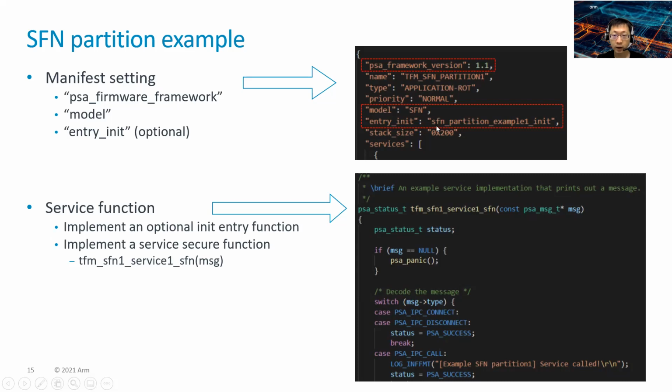These attributes can be optional. Then create secure functions. The input argument of the secure function must be a PSA message. This example SFN service simply receives a message and prints a string.